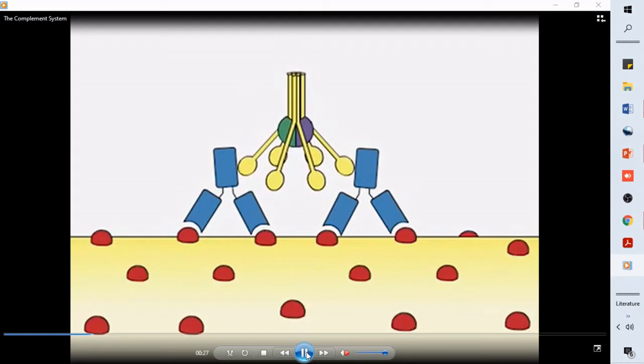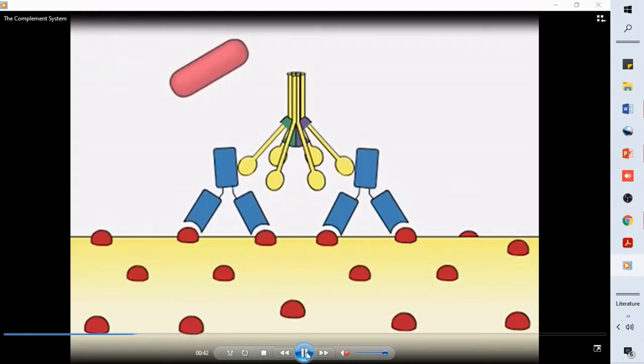And then what happens, just check, it will cleave the parts. Which parts were cleaved? C1R and C1S, and these parts which are cleaved will be released. These released parts are called anaphylatoxins, and they trigger inflammation.